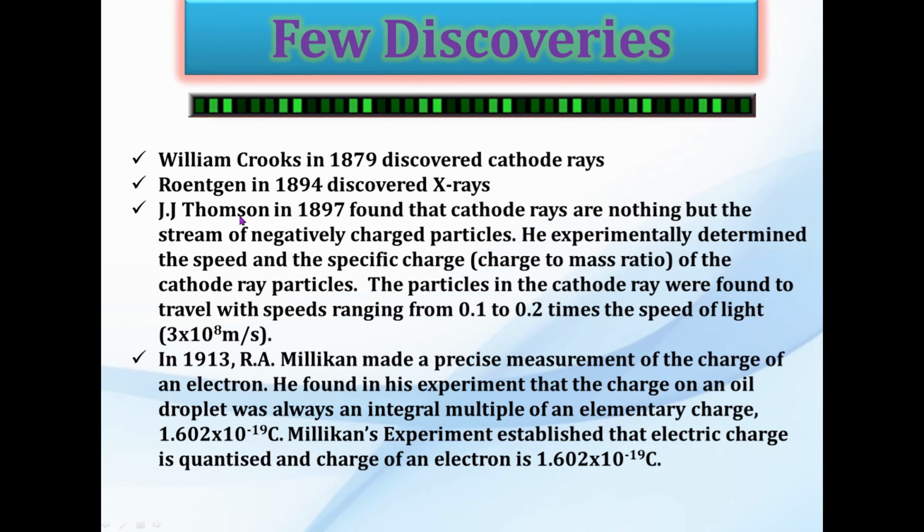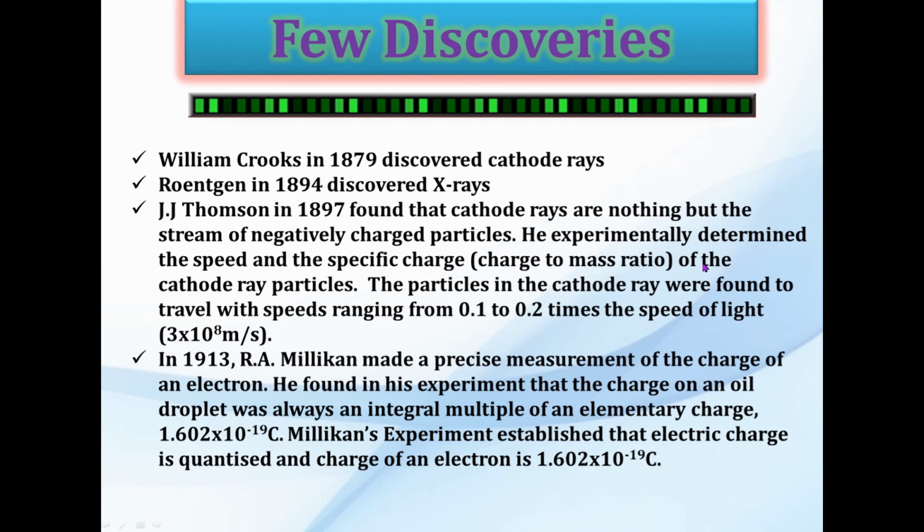Next, J.J. Thomson in 1897 found that cathode rays are nothing but a stream of negatively charged particles. He experimentally determined the speed and specific charge. Specific charge means the ratio of charge to mass: charge in the numerator, mass in the denominator, we call it specific charge.